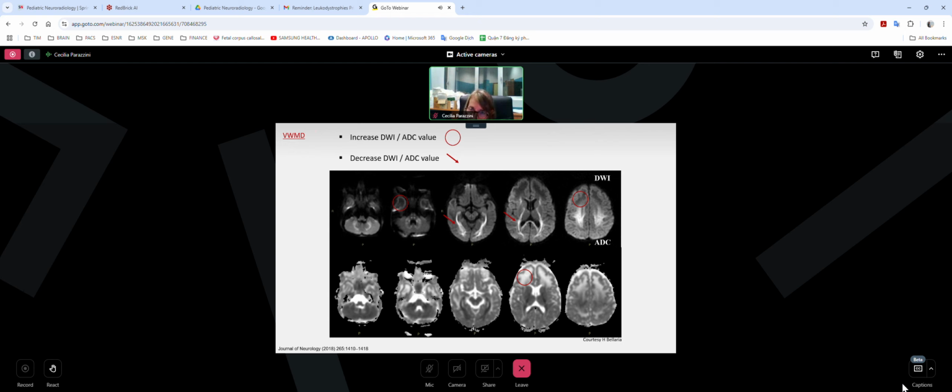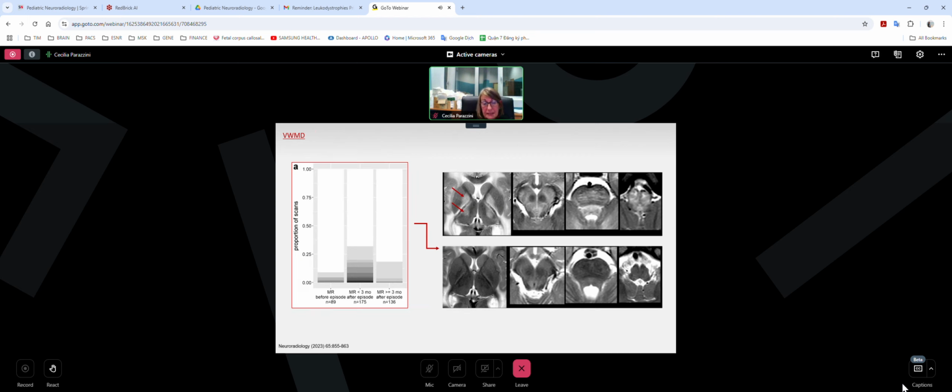In this pathology, we can have areas of increased diffusion in the areas in which there is a rarefaction or cystic degeneration of white matter, but also areas in which the diffusion is reduced, mainly in those areas in which myelination is already present at this age, and probably this aspect has a correlation also with clinical worsening.